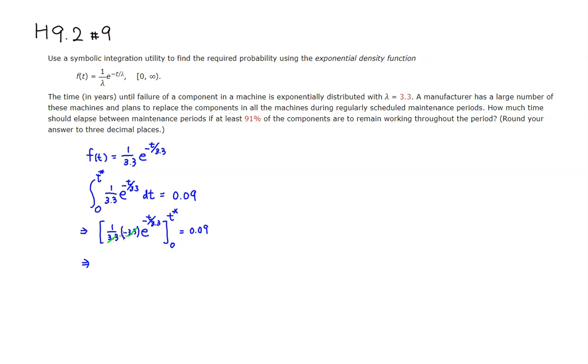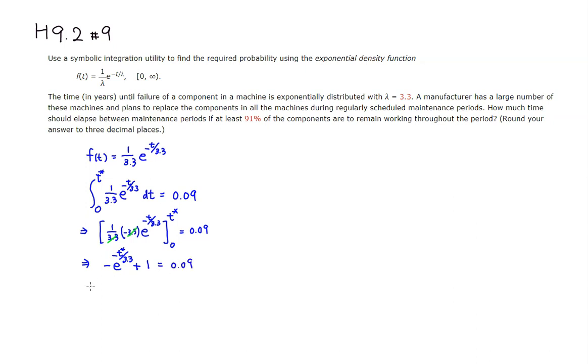If you plug it in, you just don't forget about the negative sign. So you have a negative e to the negative t star over 3.3, minus, but the negative sign, plus e to the 0, which is 1. So this is going to be equal to 0.09.